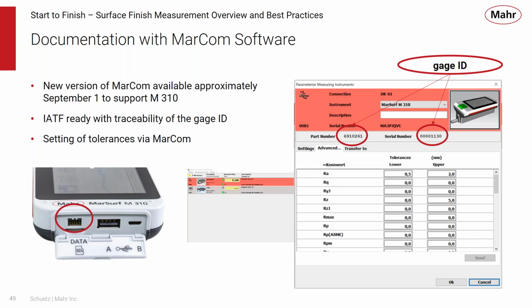So with the M310, we can identify the part number of the gauge, its specific serial number, and that can become part of the data collection process. So now we know what the gauge was, we know when it was calibrated, we have the data, we have the time, so it really puts together in one place all the information for a good data collection process.